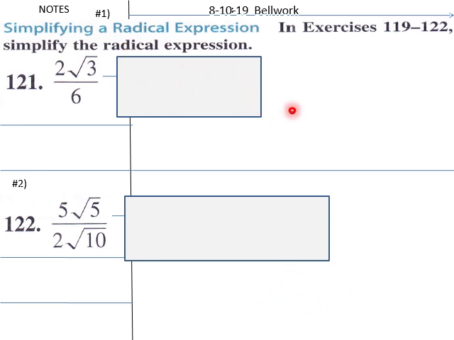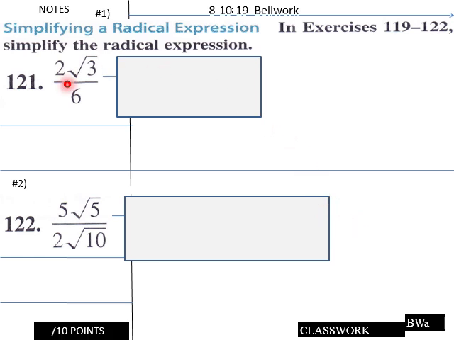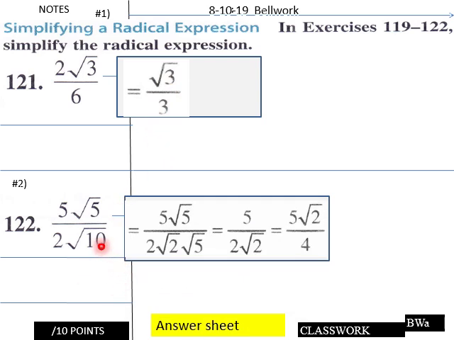Okay, getting on to our solutions for today's bell work. For the first one, 2 times square root of 3 over 6. These will cancel and you'll end up with square root of 3 over 3. And then down here, 2 times square root of 2 times square root of 5 over 5 times square root of 5.